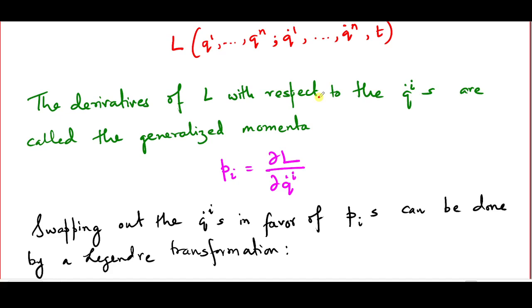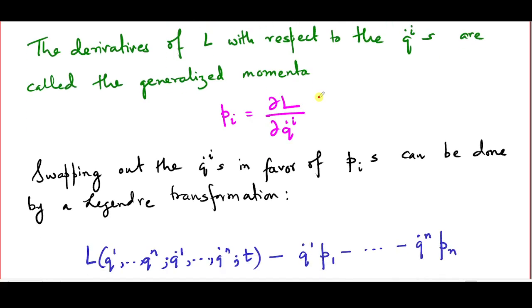Swapping out the velocities and bringing in the corresponding derivatives, so getting rid of the q dot i's and bringing in the pi's, while retaining complete dynamical information, can be done via a series of Legendre transformations. Not really one, but a sequence of them. You get rid of each one of them one at a time, or maybe do them all in one go.